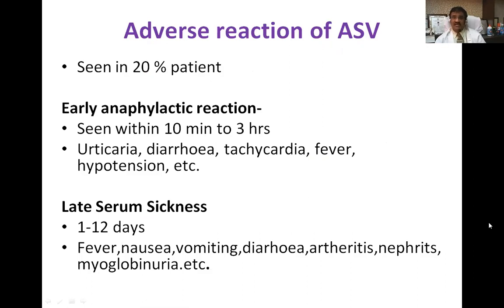There are some early anaphylactic reactions seen within 10 minutes to 3 hours after giving this ASV. Some late serum sickness is also seen after 1 to 12 days of giving this ASV, for example, fever, nausea, vomiting, diarrhea, arthritis, nephritis, myoglobinuria. So they have adverse reactions.